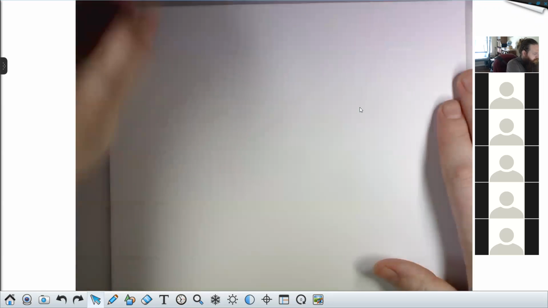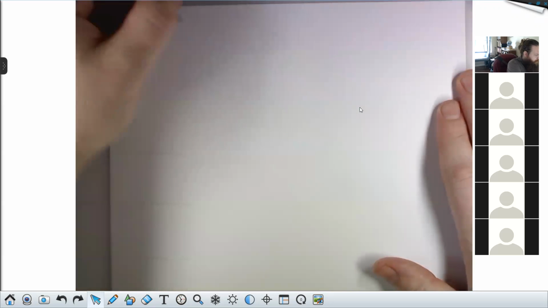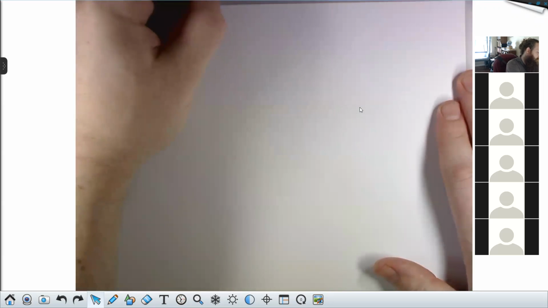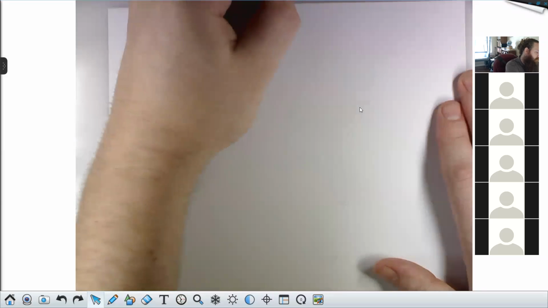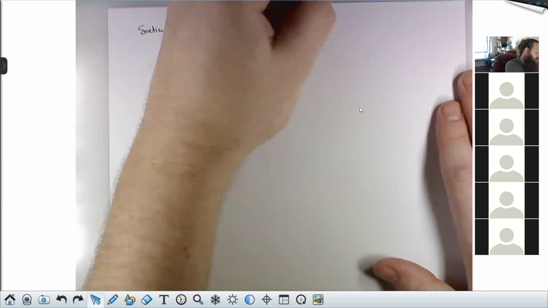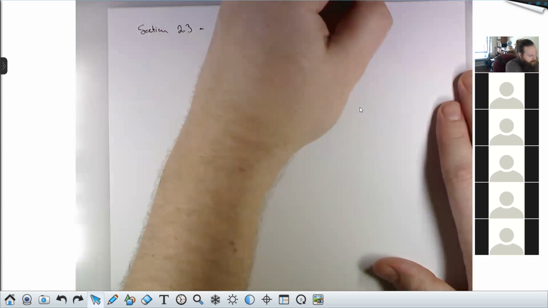The other concept I want to introduce, this is section 2.3, fully general first order linear equations.